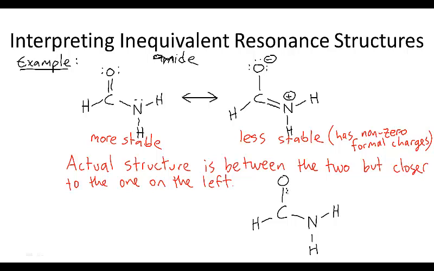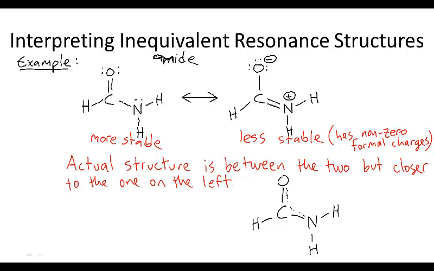So, I don't know, what would I do? Like put the dots closer together between the carbon and the oxygen, and then the dots a little farther apart between the carbon and the nitrogen? I don't know. So we don't have a great way to represent it, which is why we stick with drawing the two resonance structures, and you've got to learn to interpret what that means.